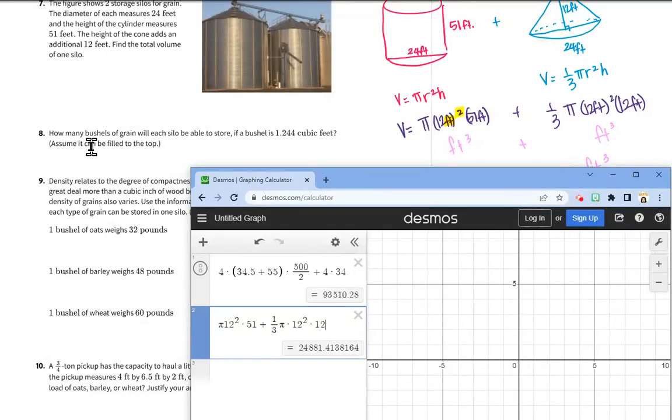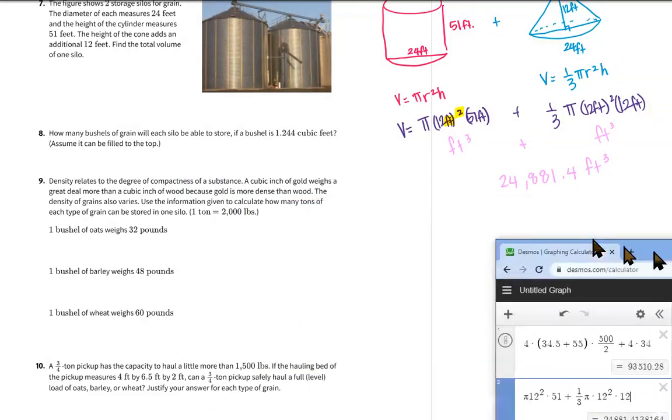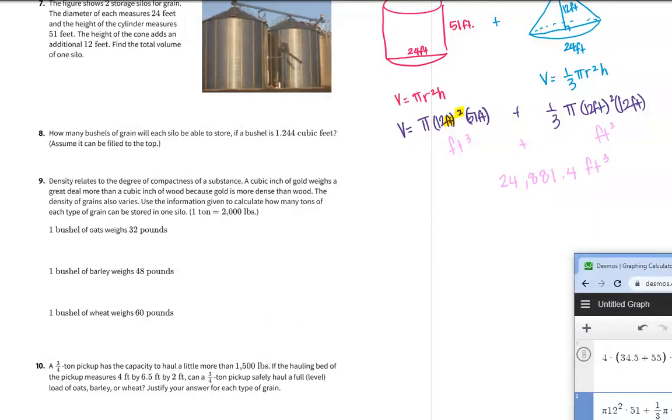So number 8 says, how many bushels of grain will each silo be able to store if a bushel is 1.244 cubic feet? So assume it could be filled all the way to the top. Okay. There's going to be no room in there. So what we now need to do is take this number here. This is our answer for number 7, right?